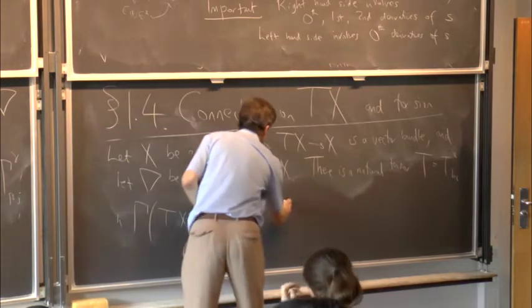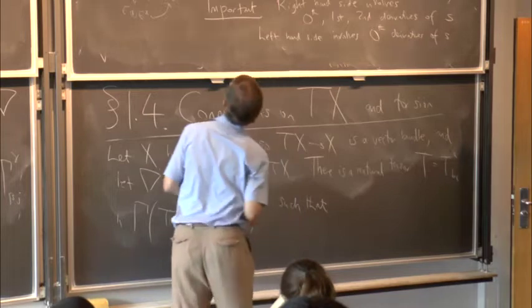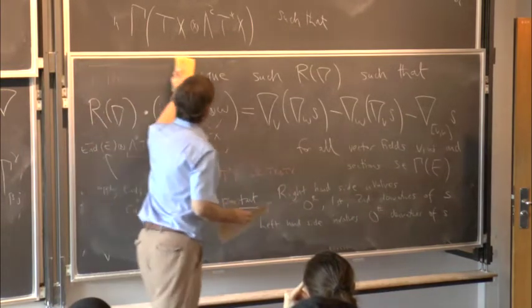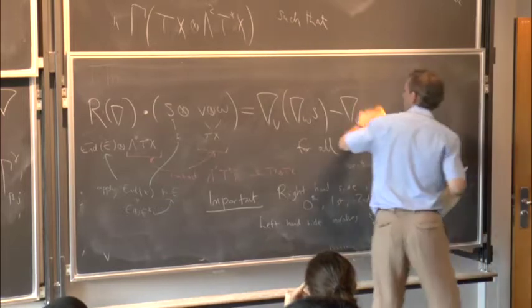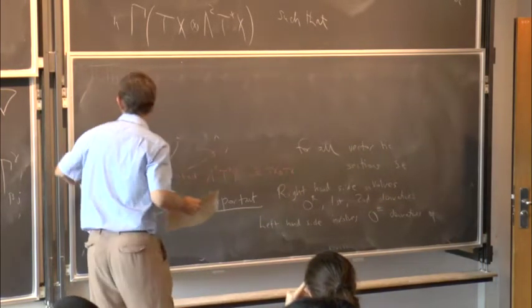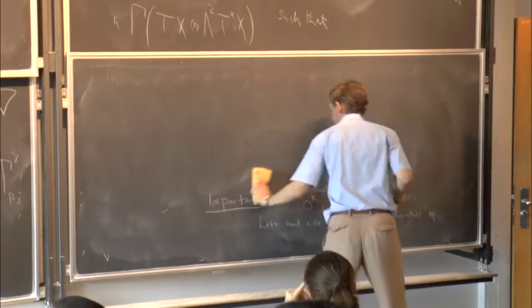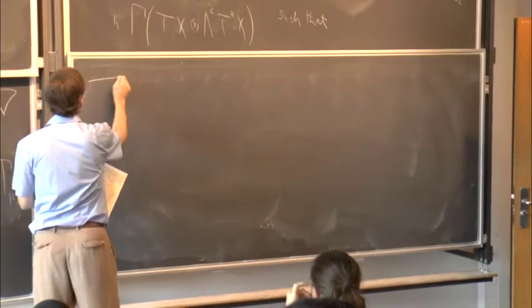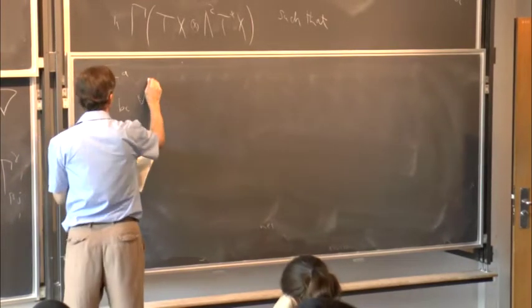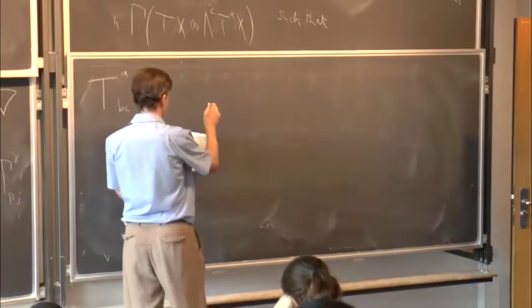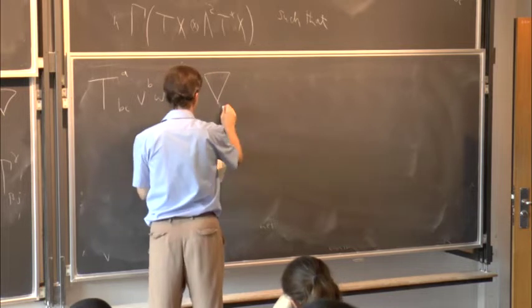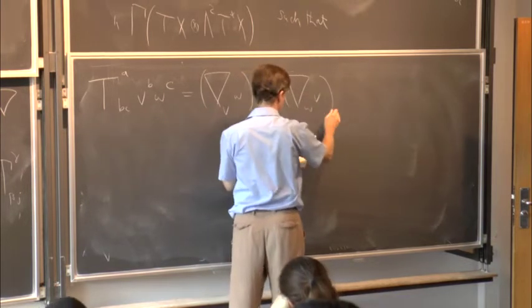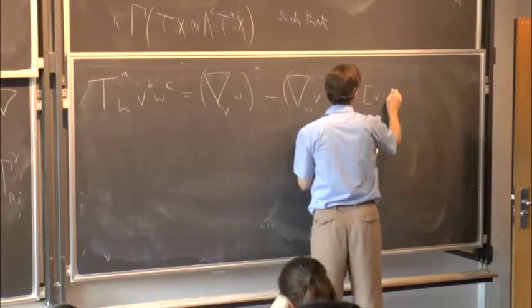So such that, well, let's write it as T^A_BC V^B W^C is equal to nabla_V W, A minus nabla_W V, A minus [V, W], A.